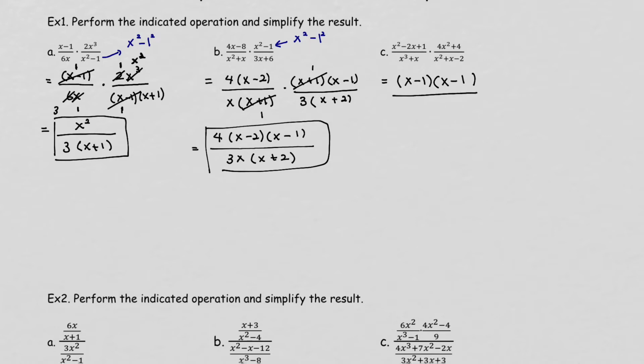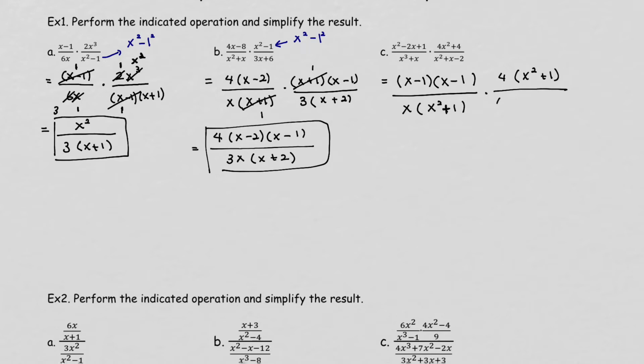Looks like that's a perfect square. You have common factor x, then you have x squared plus 1 remains. This cannot be a difference of square because this is addition. And then the other numerator, you have common factor 4, and you get x squared plus 1.